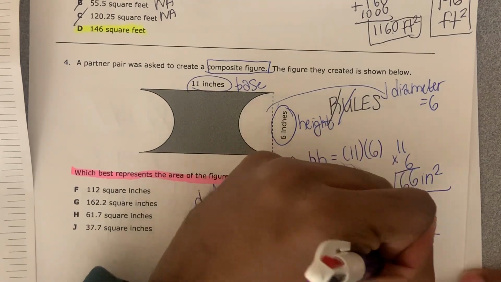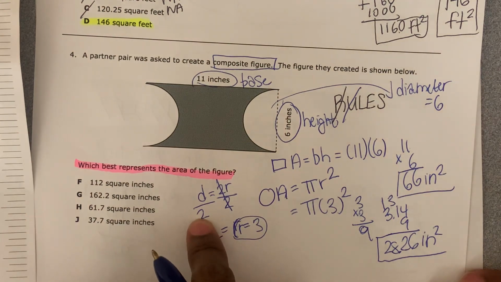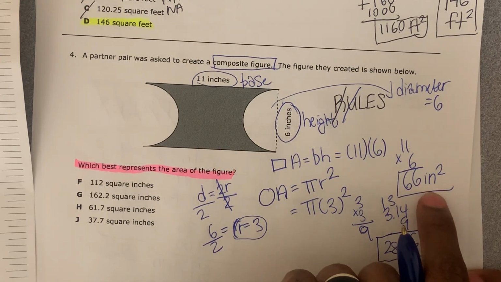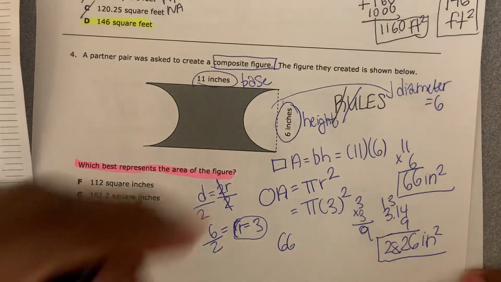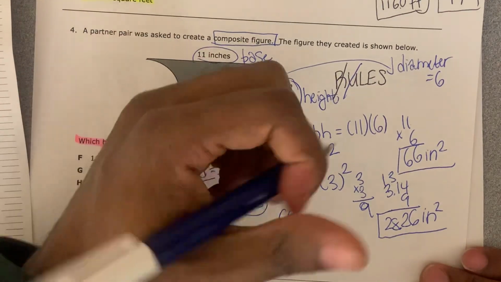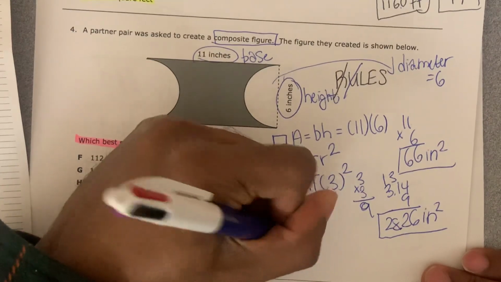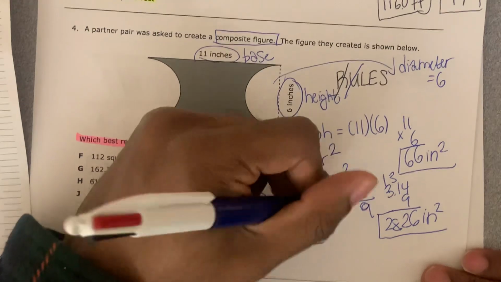In this case here, we're going to have to subtract. We're going to subtract 28.26 from 66. So 66, let me move up just a bit so we can see. 66.00 minus 28.26.